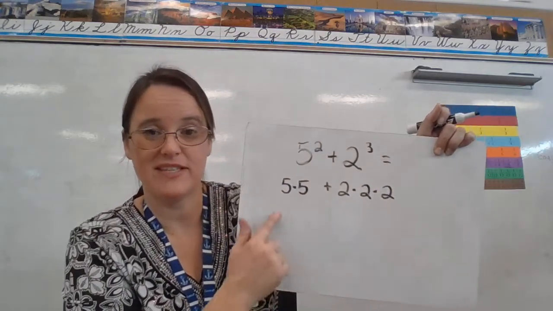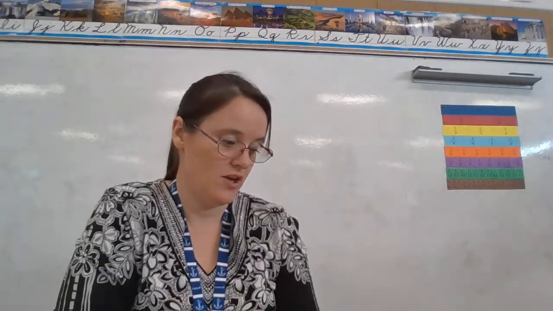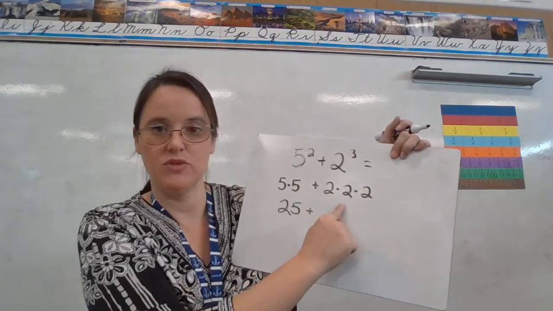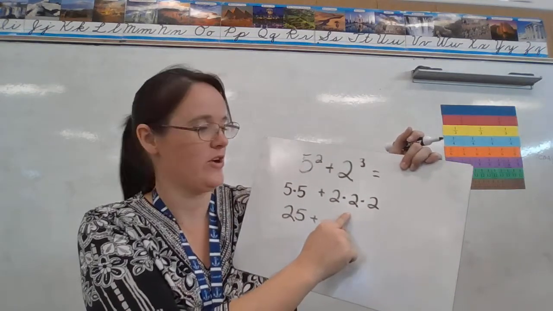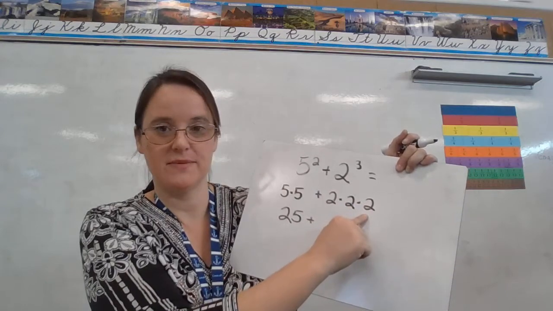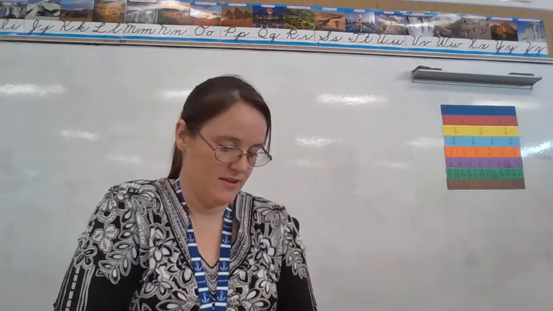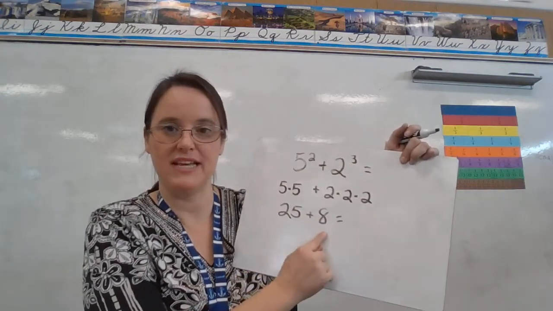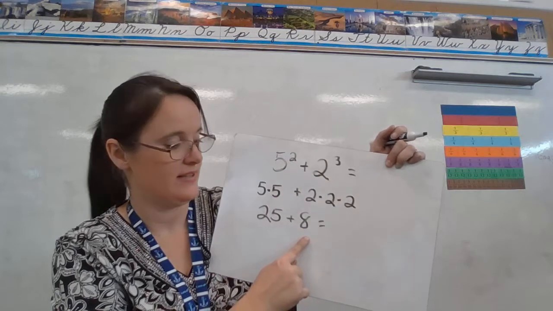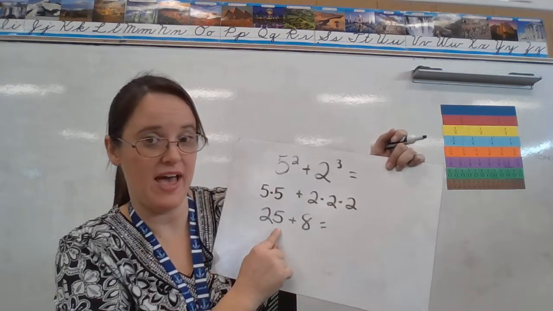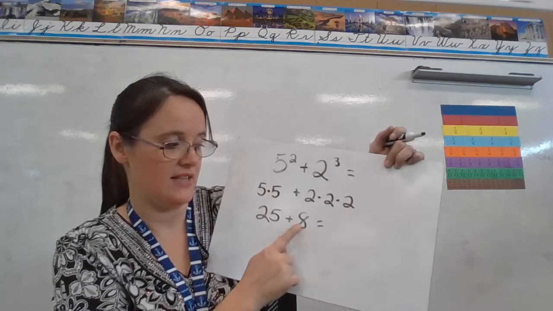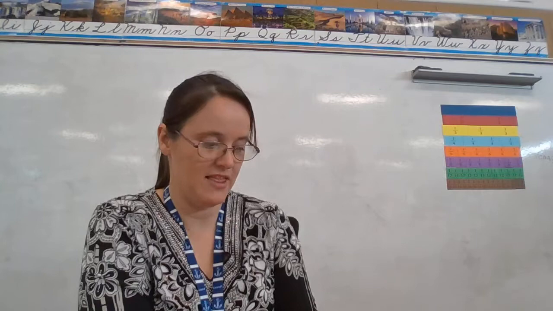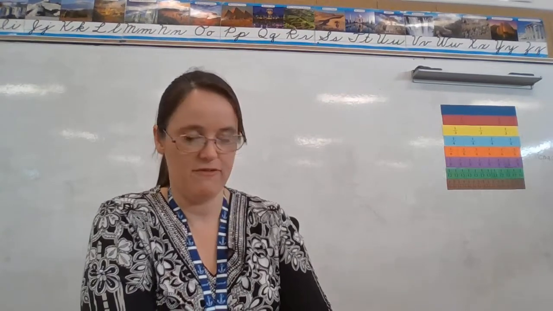So now we can solve this. 5 times 5 is 25, plus 2 times 2 gives me 4, and 4 times 2 gives me 8. So in order to solve this one, I have to figure out what is 25 plus 8. Well, I know 25 plus 5 is 30, and so then I'll add 3 more because I want to add a total of 8. So that gives me 33 for my answer.